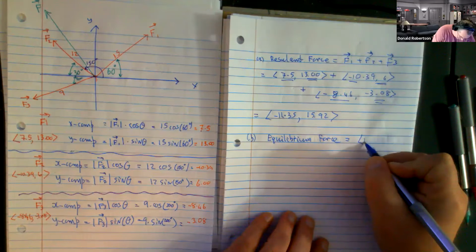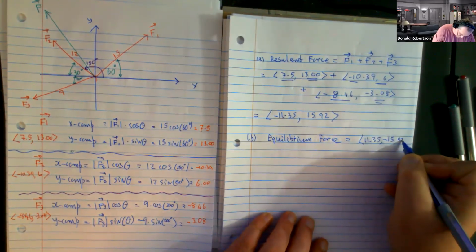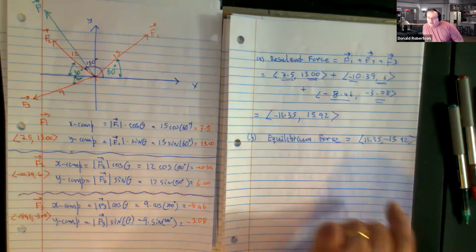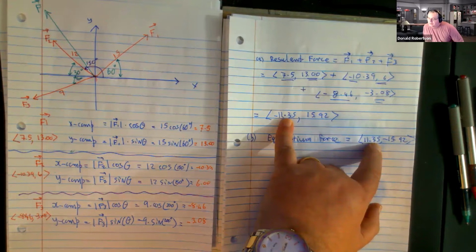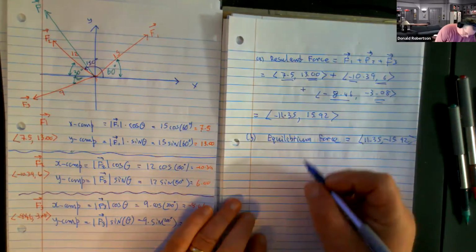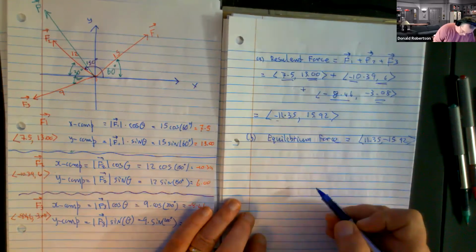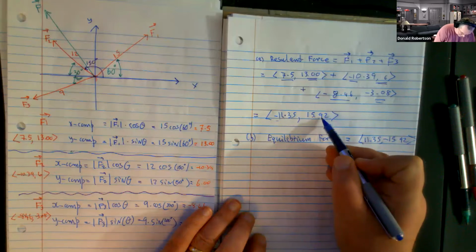And it's the same two guys with the opposite sign. If you added this to this, wouldn't they cancel out? Wouldn't you get 0? So that's an equilibrium force. It's whatever balances out the force that you've got. And you do that by making this positive and you make this negative.